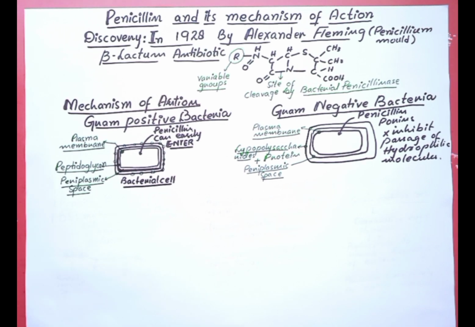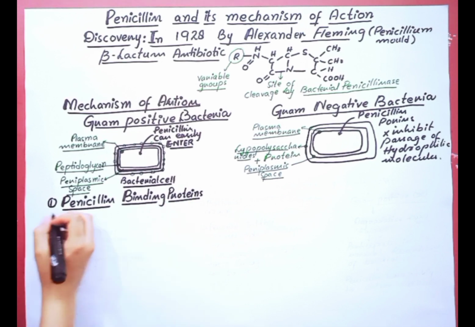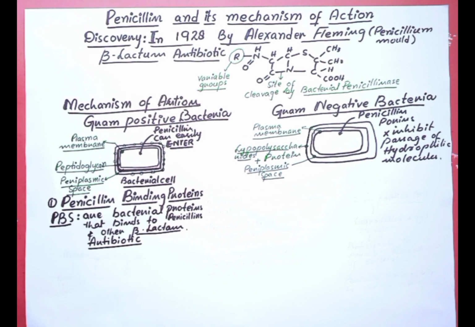Let's discuss other aspects through which penicillin performs its action. Number 1 is penicillin binding proteins, or PBPs. These PBPs are bacterial proteins that bind to penicillin and other antibiotics of the beta-lactam class. These are actually bacterial enzymes that are involved in the synthesis of the bacterial cell wall.